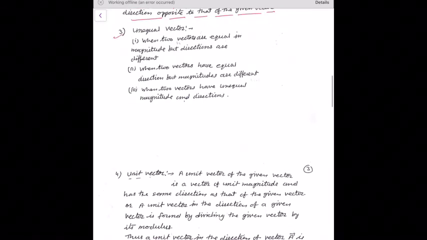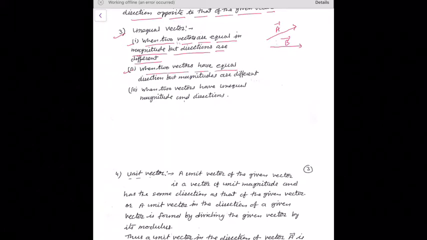Third, unequal vectors. First, when two vectors are equal in magnitude but directions are different. Magnitude equal means length equal but direction different. Second, when two vectors have equal direction but magnitudes are different, they are also called unequal vectors.